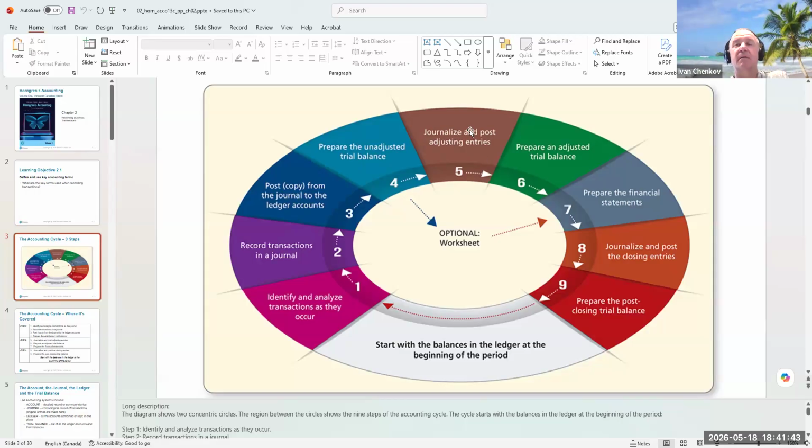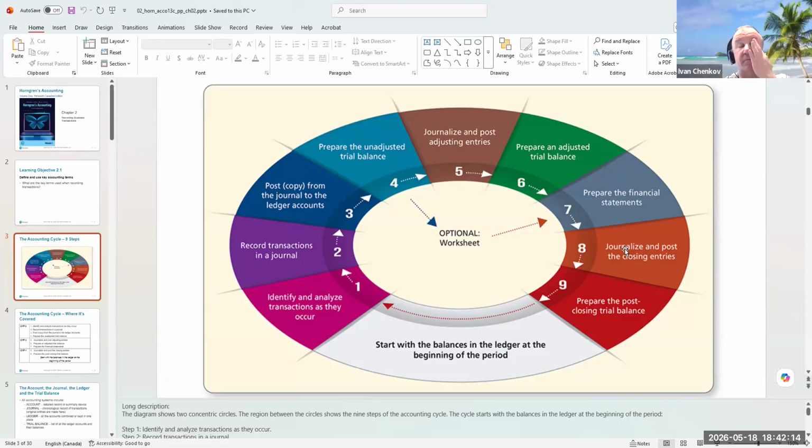Then we're going to prepare and post the journal adjusting entries. Some of those balances have to be adjusted to meet some requirements. We're going to see what the requirements are. And then we can prepare the adjusted balance. Once we prepare the adjusted balance, we're going to prepare financial statements. After preparation of the financial statements, we start preparation for the next period.